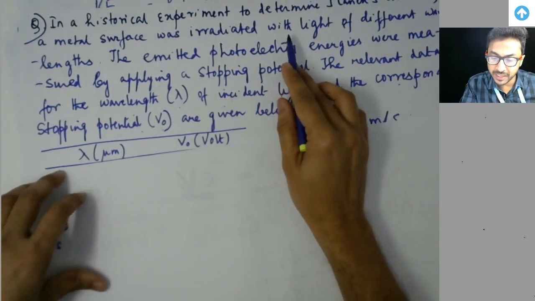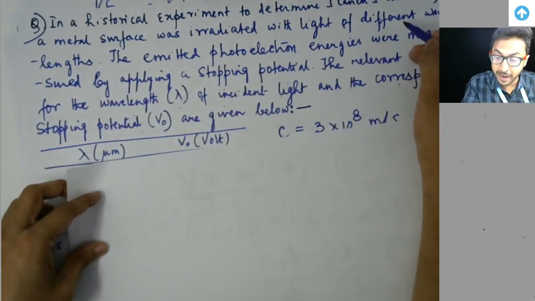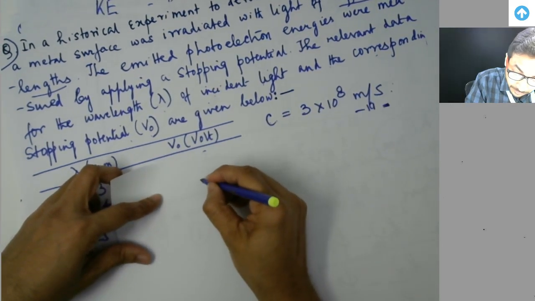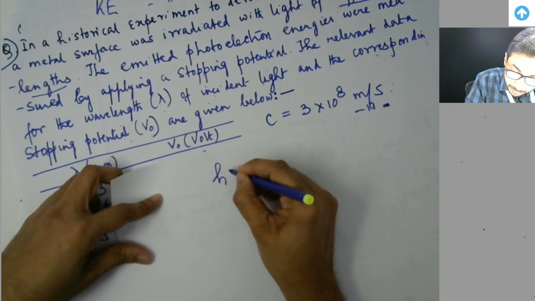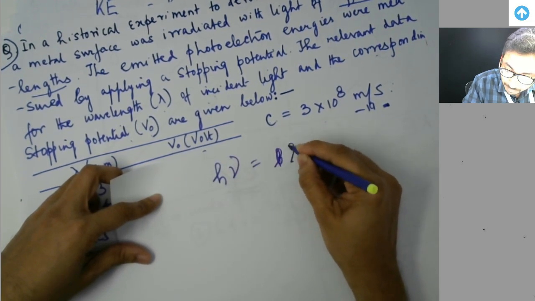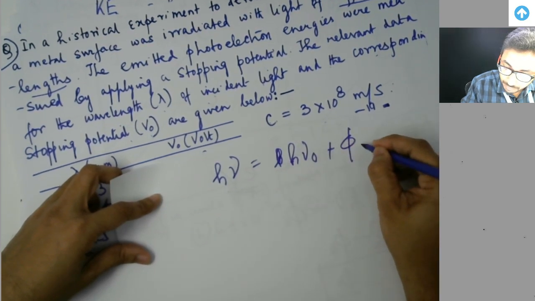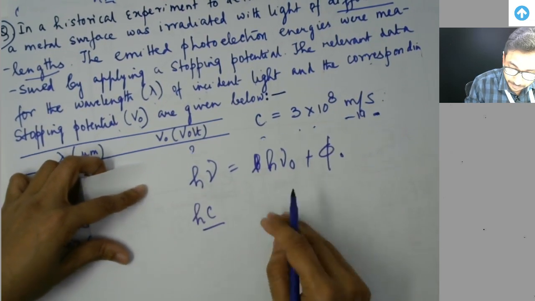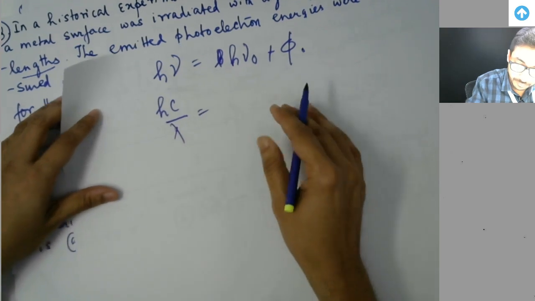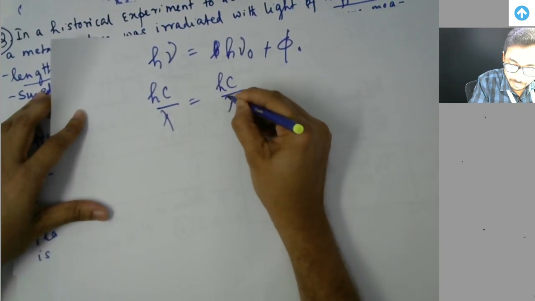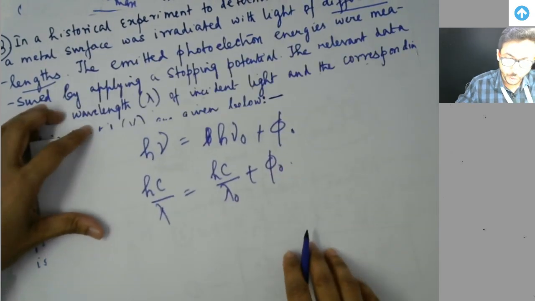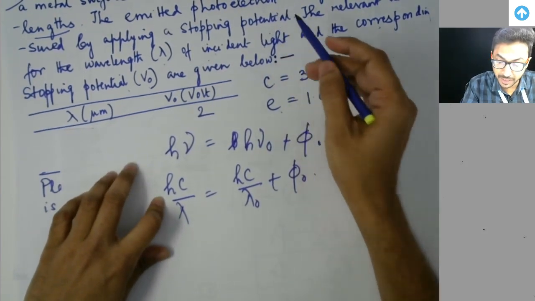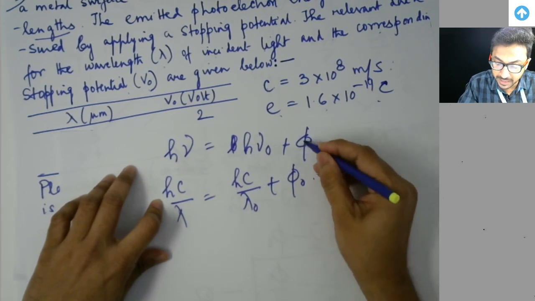A metal surface was irradiated with light of different wavelength. Here, the key point is different wavelength. So we can write the stopping potential. So we also know the stopping potential is nothing but the maximum kinetic energy.